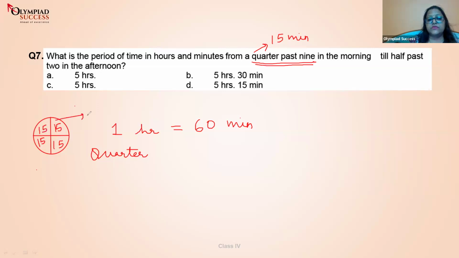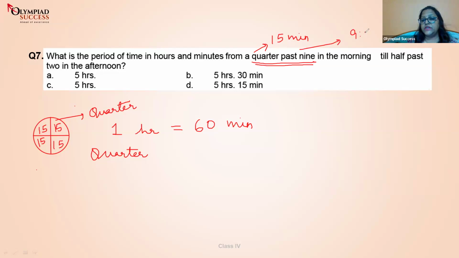So this is 1 quarter. Quarter means 15 minutes. So 15 minutes past 9. That means what is the time over here? 9:15.